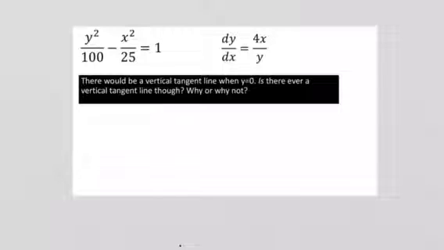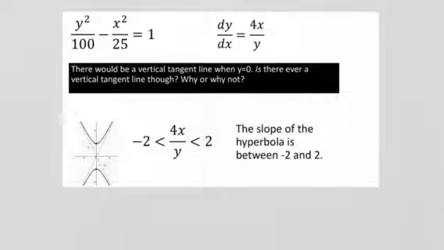So there would be a vertical tangent when y equals 0, because that would produce 4x divided by 0, which is undefined. But that's never going to happen, because if we think about how to sketch this hyperbola, well, we're going to have a point at y equals 10, x equals 0, and y equals negative 10, x equals 0. And it's going to open vertically because the y value comes first. So where is the y value equal to 0?